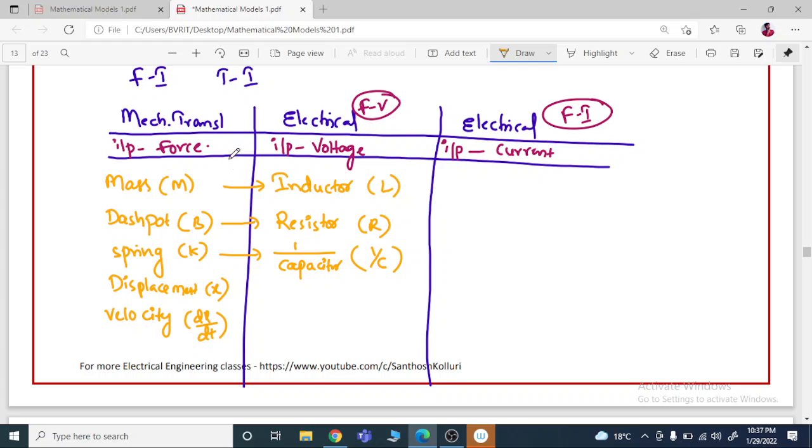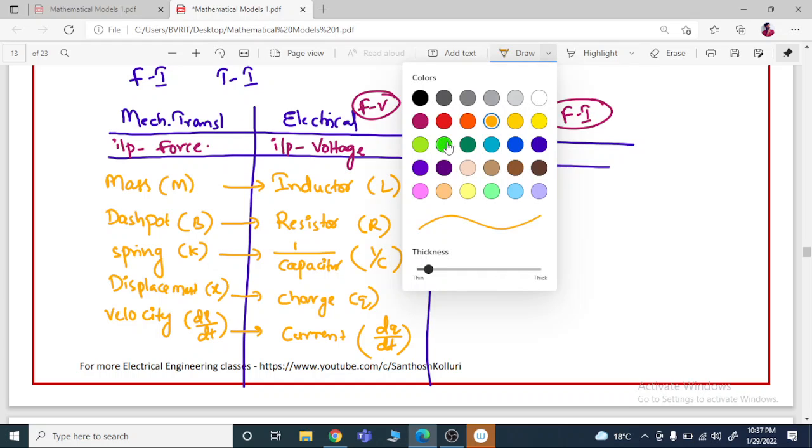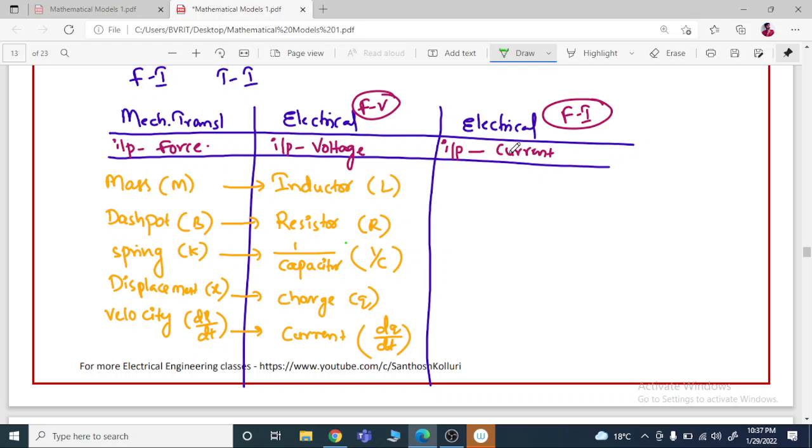Displacement can be represented with charge Q. Velocity can be represented with current, that means dq by dt. So almost the same way of representation: x, dx by dt as velocity, charge q, and current is dq by dt. Now force current analogous.